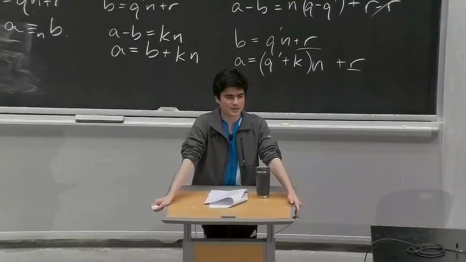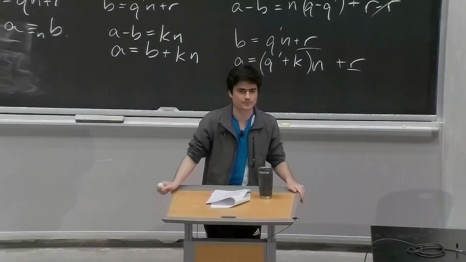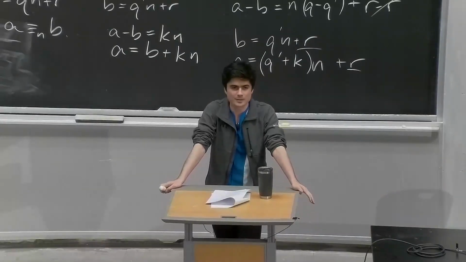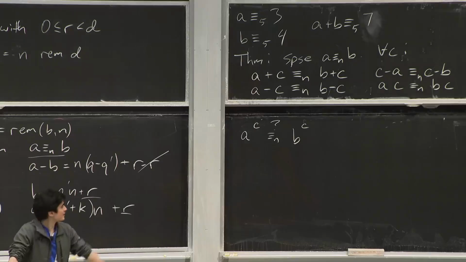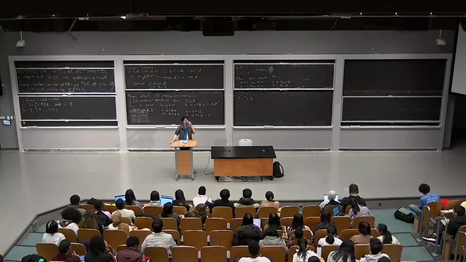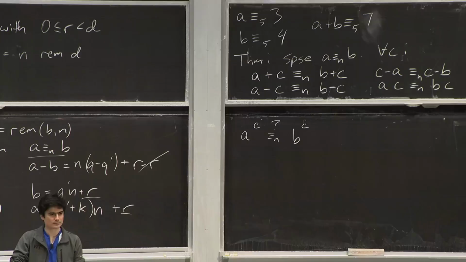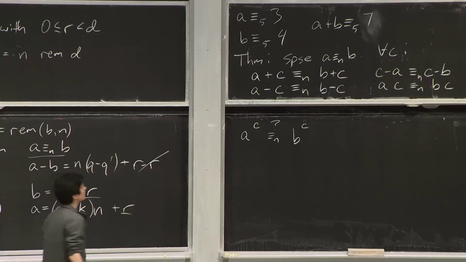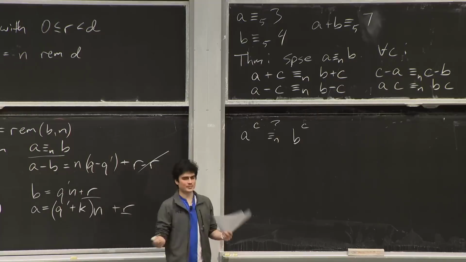Can I say anything about exponentiation modulo n? If we assume that a and b are congruent modulo n, can we say anything about a to the c versus b to the c? Would they be the same? Because you simplify both a and b, and then when you take the power of that... Yeah. So let me rephrase that slightly.